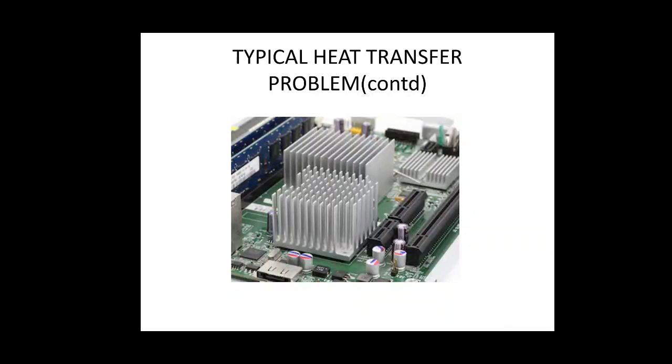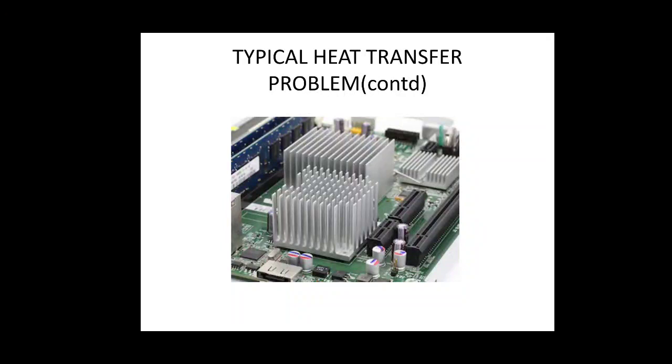These chips and everything have a precise temperature. If the temperature of those chips, that is a processor and all, increases beyond a critical value, their performance will tremendously go down. So they have to be maintained at a certain temperature, let us say 50 degrees Celsius or 70 degrees Celsius.